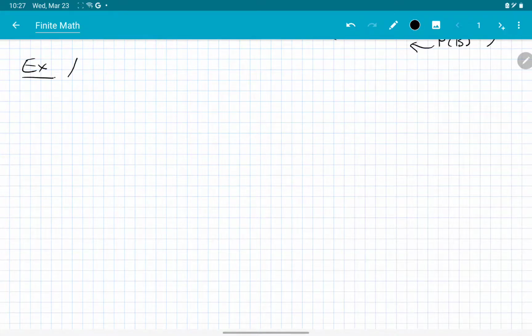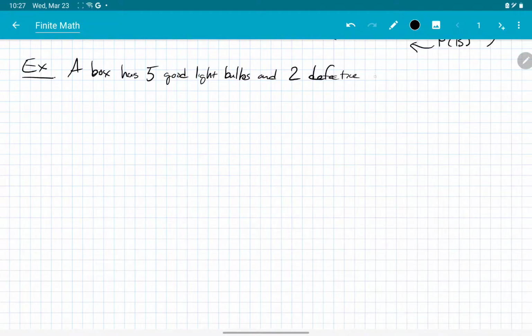Okay, a box has 5 good light bulbs and 2 defective. Bulbs are selected until a good bulb is found.